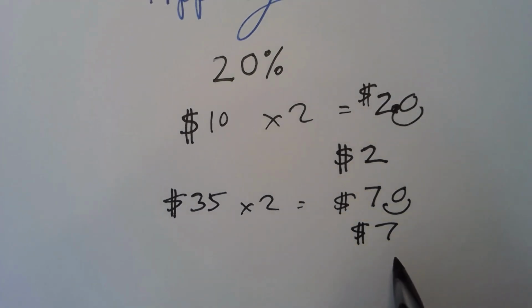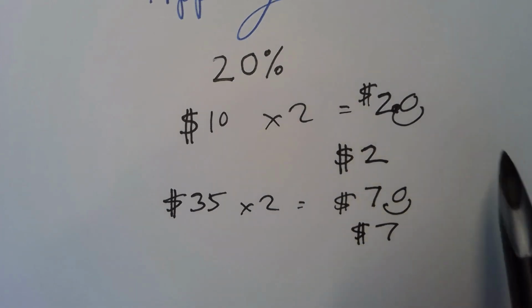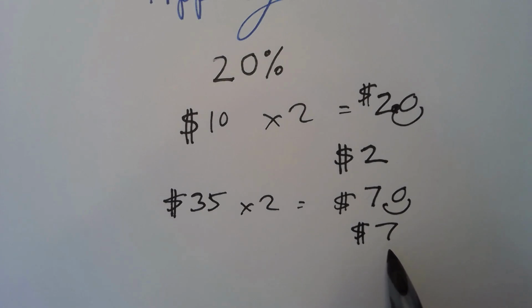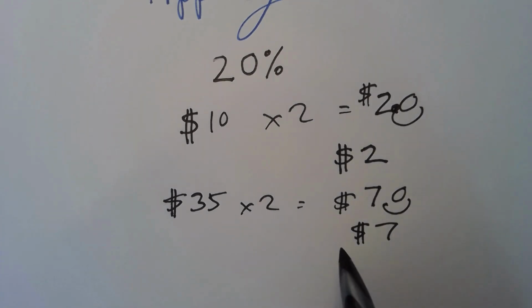Now, as I mentioned, you may want to tip higher than 20%, or you may want to tip lower than 20%. This method still works because I can always add to that. If I know that $7 is the appropriate 20% tip on a $35 bill and I received exceptional service, I would just add on from there. Another dollar, $2, $5, whatever it is that I want to in that circumstance.